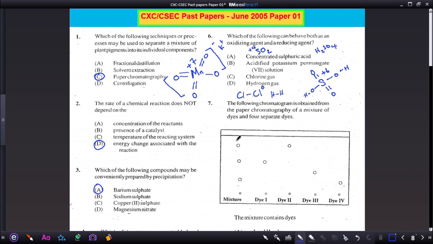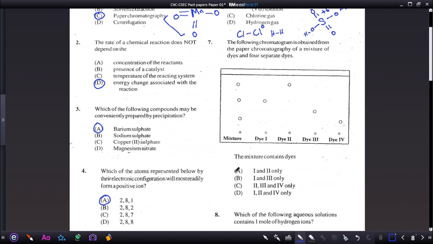Question 7, the following chromatogram is obtained from the paper chromatography of a mixture of dyes and 4 separate dyes. They are saying that the mixture contains dyes 1 and 2, 1 and 3, 2, 3 and 4, or 1, 2 and 4. Let's look. For dye 1, they are almost at the same peak.